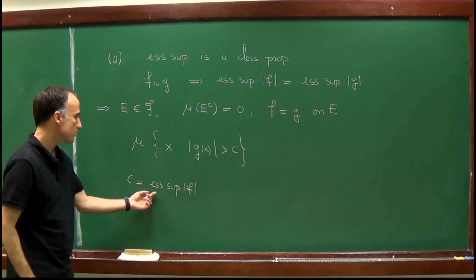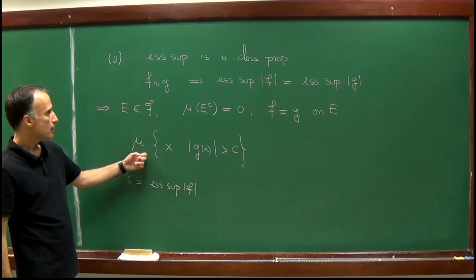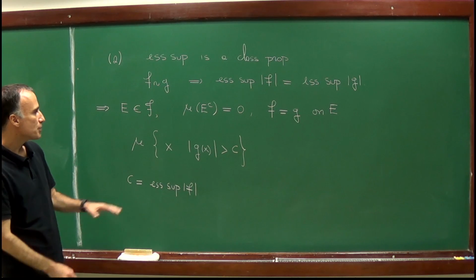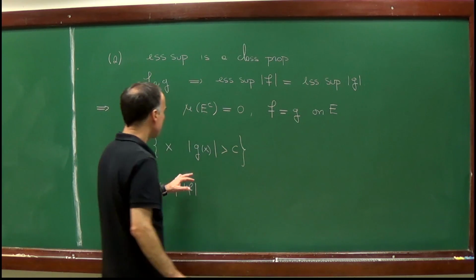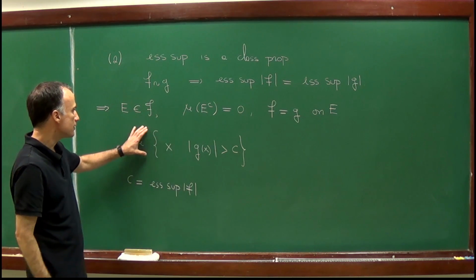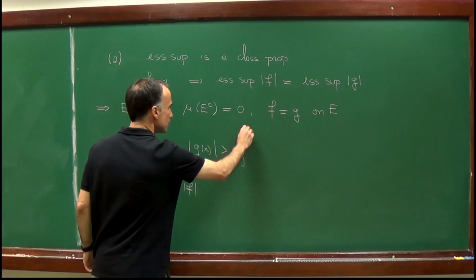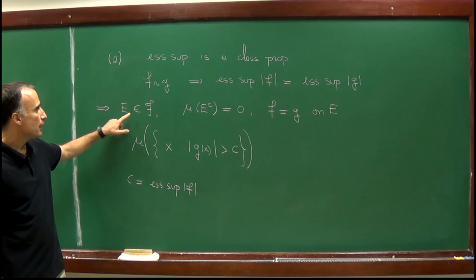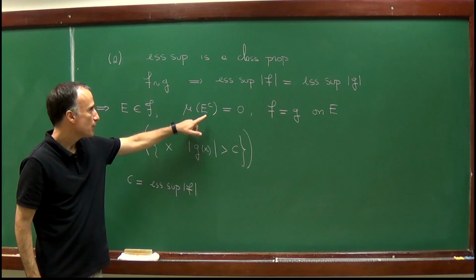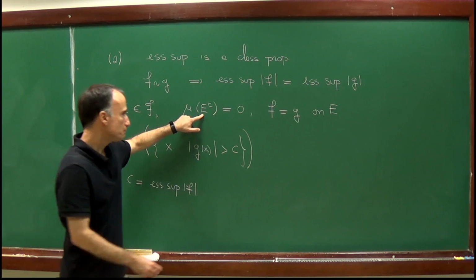So let's call the essential supremum of f c, and let's estimate the measure of this set. I will intersect this set with E and the complement of E.